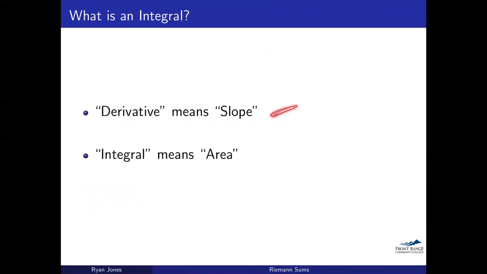That's been our big thing. When we use the word derivative, we really just mean slope of the function. Well, when we use the word integral or antiderivative, what we really mean is area. And so in the same way that derivative pairs with slope, integral is going to pair with area.